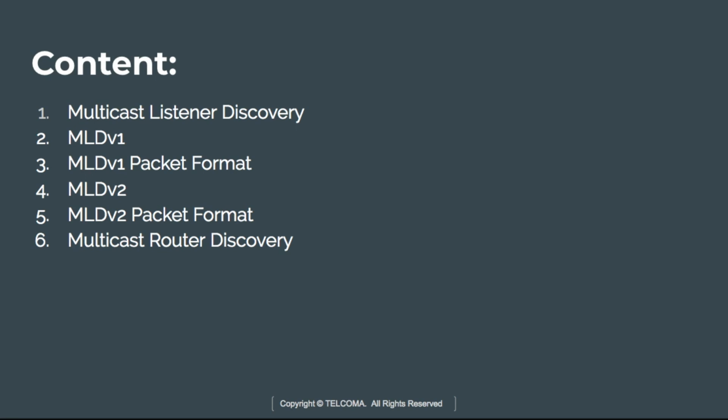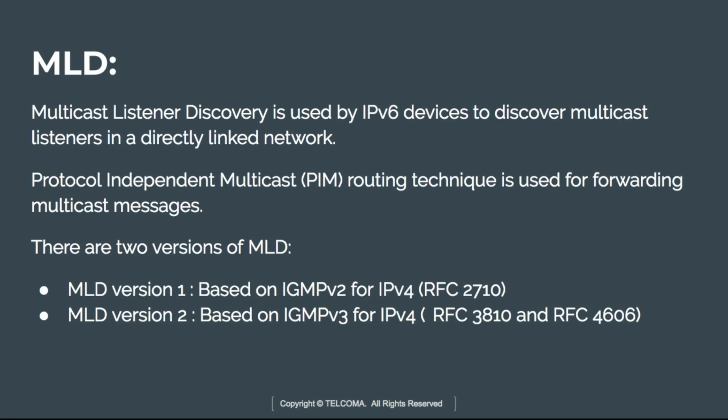So first of all, let's start with what is multicast listener discovery. Multicast listener discovery is used by IPv6 devices to discover multicast listeners in a directly linked network. An IPv6 multicast group is a group of receivers that want to receive particular data from a source address.